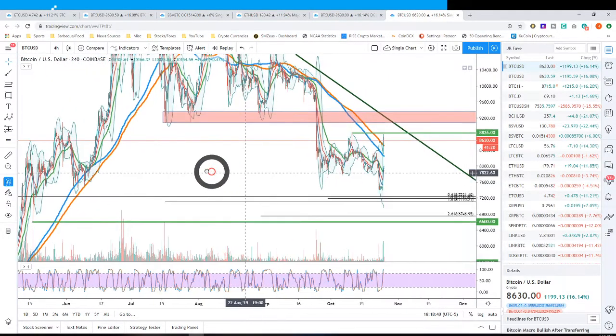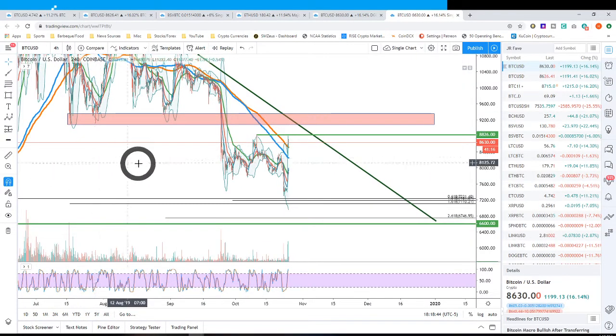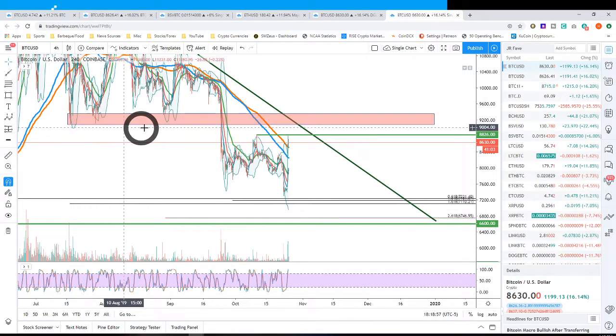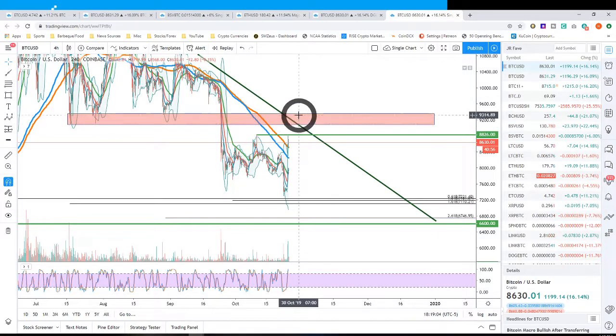And if I was to zoom out, that's where I've got it at. So you guys can put this on your charts. Go back to July 15th, that low, and take it down from the close to the wick and draw it over. That's your resistance zone.